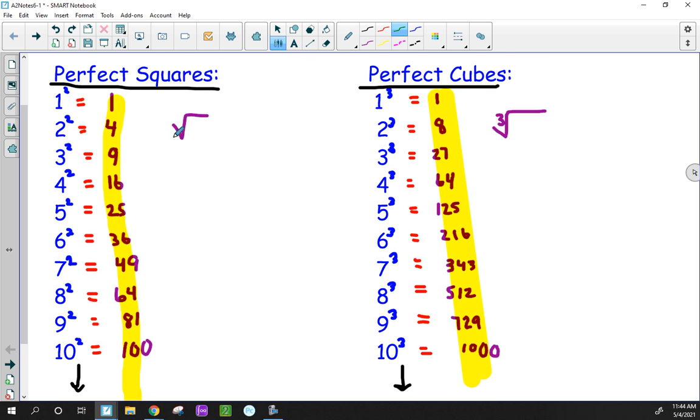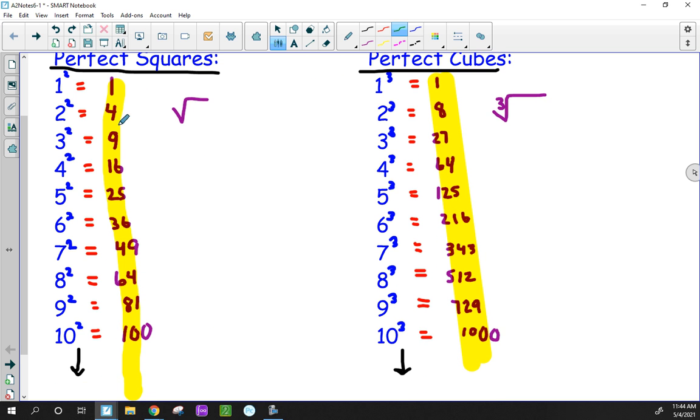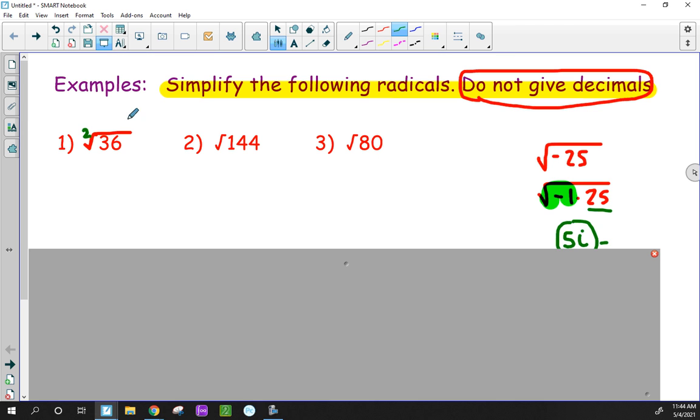And I notice that as I scroll through these perfect squares, 36 is actually on the list. 6 times 6 is 36. So that means that when I'm asking you to give me the square root of 36, your answer to that is just 6. Square root again means what number times itself is 36, and you'll just give me that number one time.